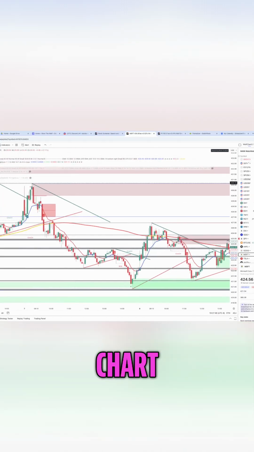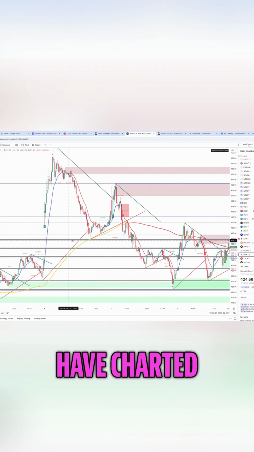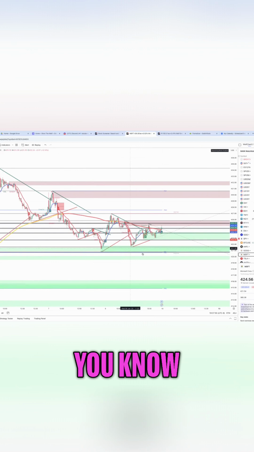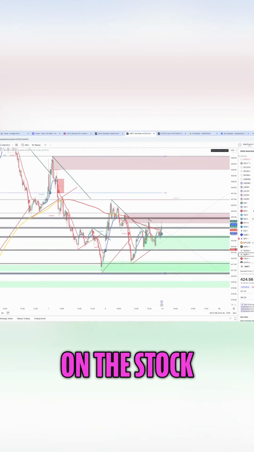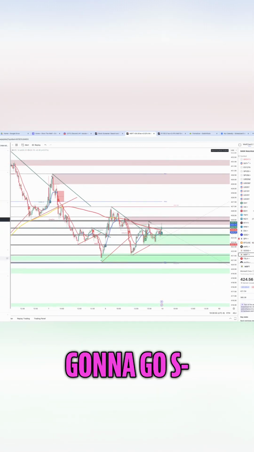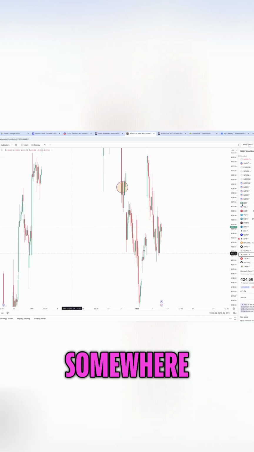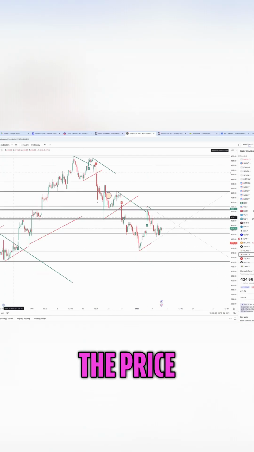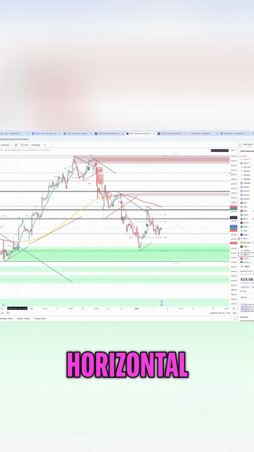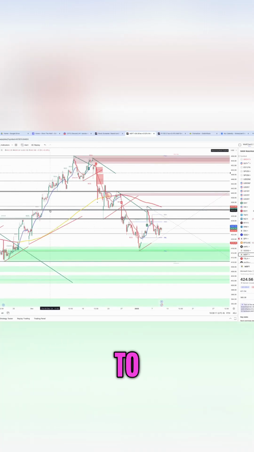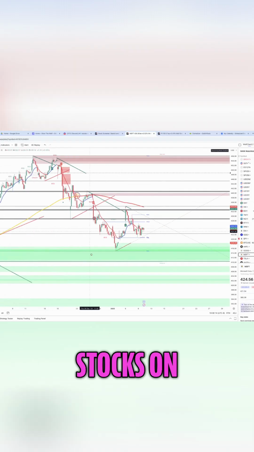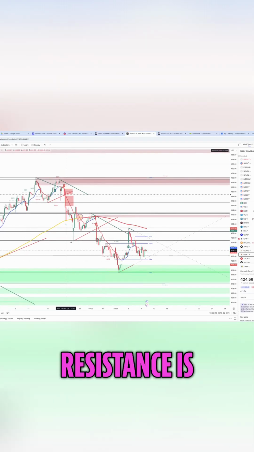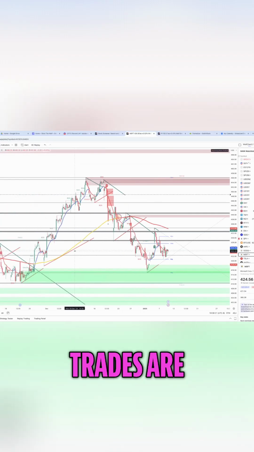So on a wolf chart, if you have ever charted, when a person says they're going to do some homework and do their due diligence on the stock, 9 times out of 10 they're going to go somewhere, chill out, and try to chart out the price action by putting these horizontal lines on their chart to map out peaks and valleys on different stocks on different time frames, to see where the support and resistance is, where the A plus trades are, things like that.